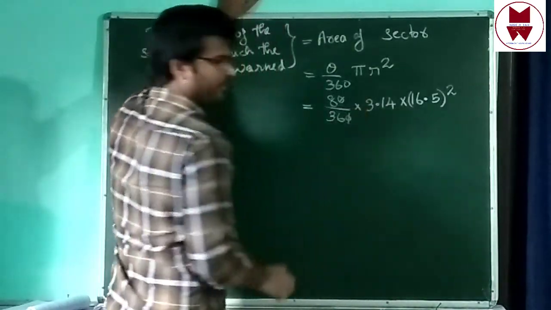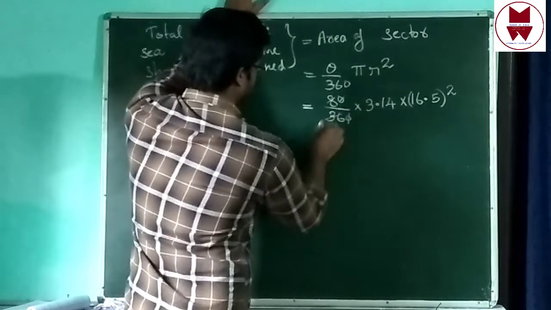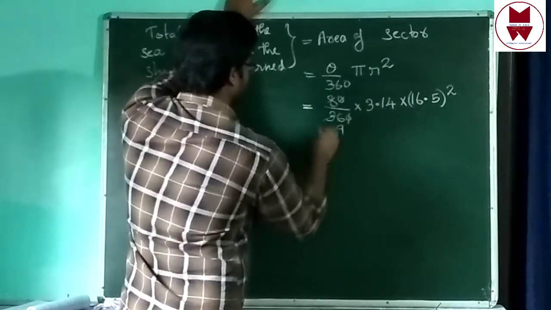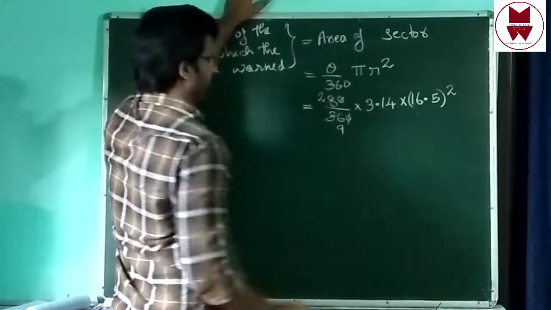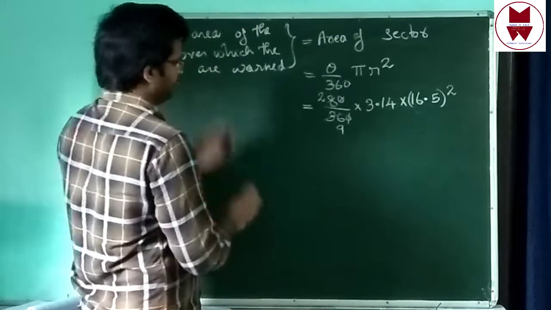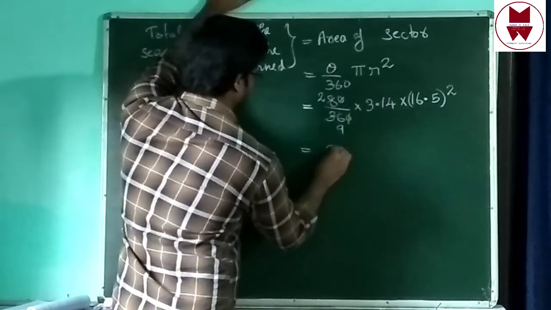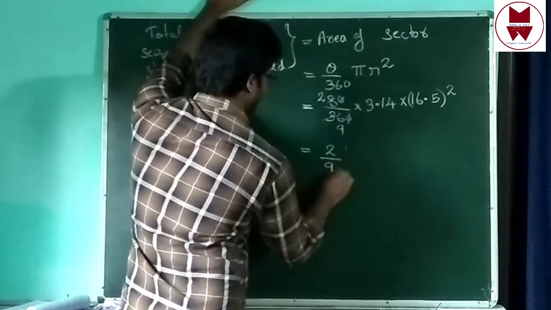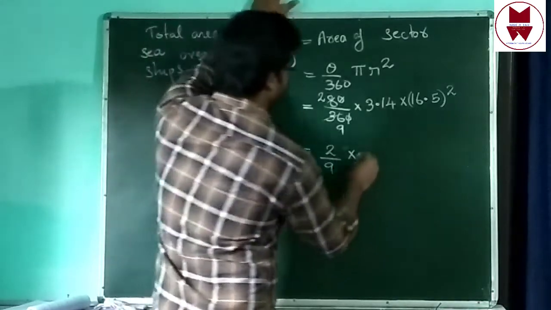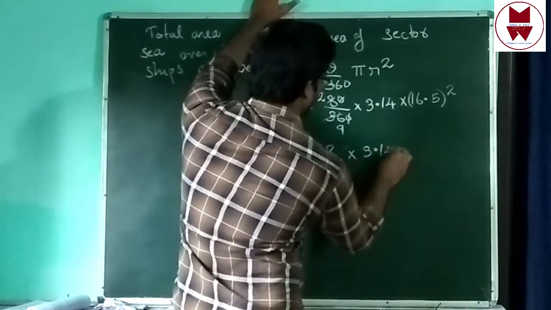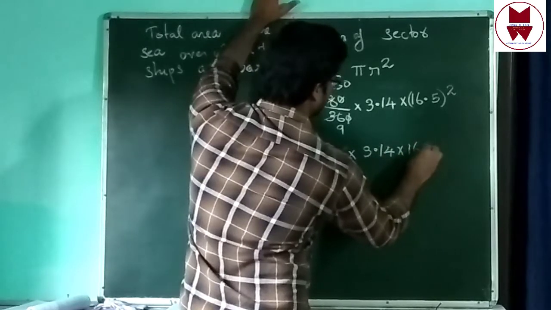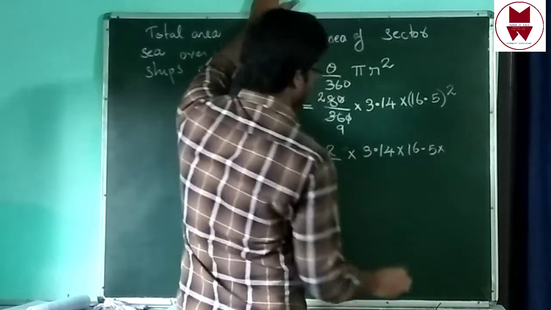Zero and zero cancel. Using 4 directly you can cancel. 9 times, 2 times. Then remaining part we can write 2 divided by 9 into 3.14 into 16.5 into 16.5.